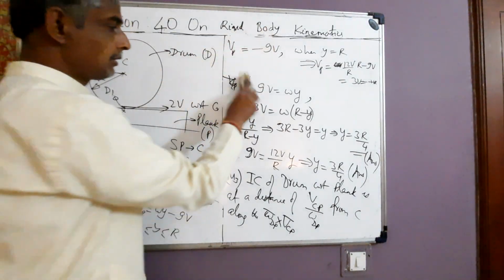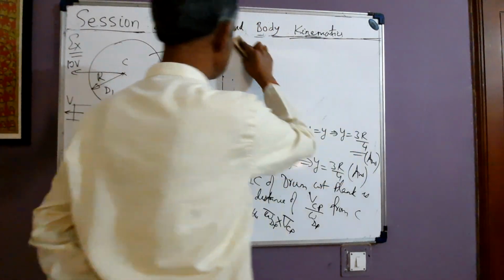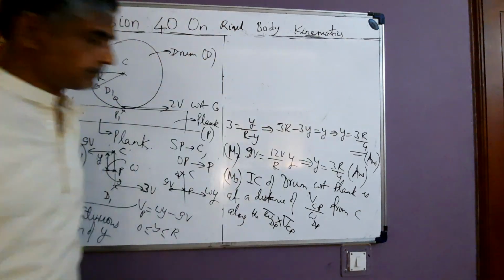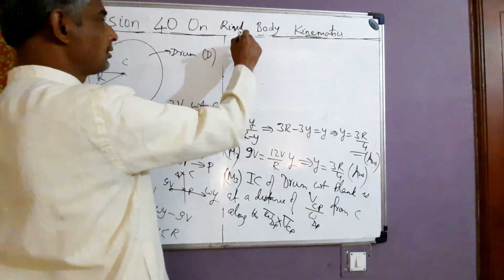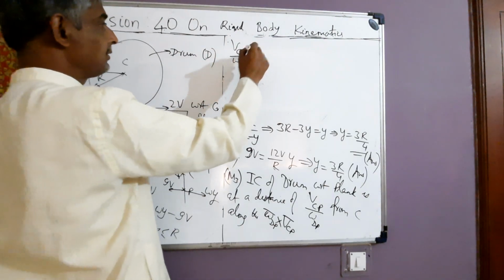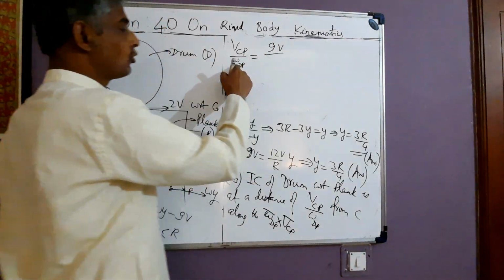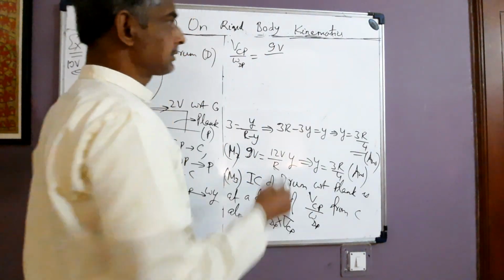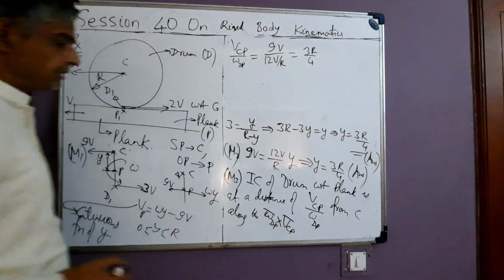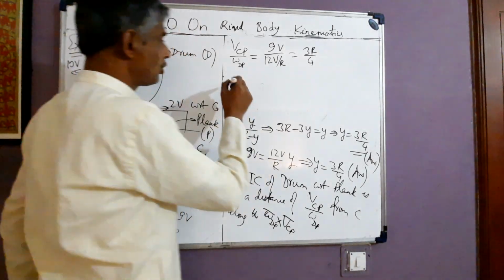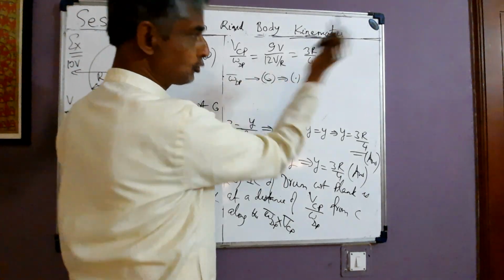So this distance is how much? VCP by omega DP. Now VCP we have determined to be how much? 9V left. Omega DP is the same as omega DG, which is 12V by R. So this becomes 3R by 4. Now in direction omega DP cross VCP. Since omega DP is anti-clockwise, its direction is dot, outward.